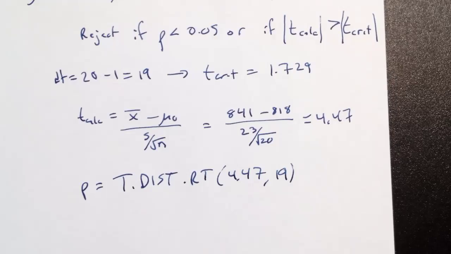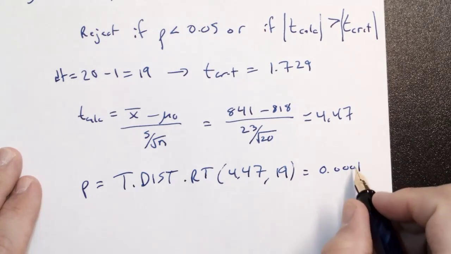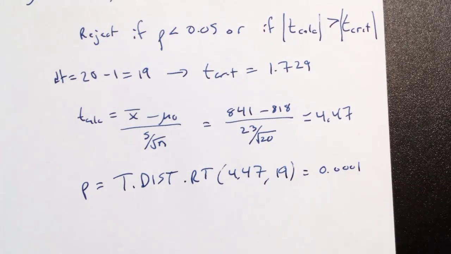So there's the command I used to get the p-value. Three zeros and a 1. That's way smaller than my 0.05.